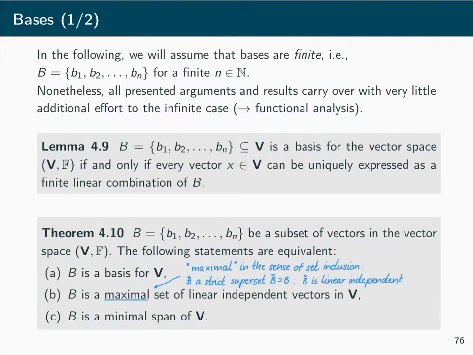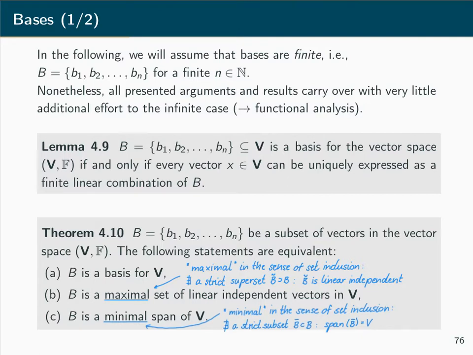So B is saying there does not exist a strict superset of B which contains only vectors that are also linearly independent. And this is also the way the word minimal should be understood in statement C. Minimal also is meant in the sense of set inclusion. So statement C is saying there does not exist a strict subset of B such that the span of the subset is equal to the entire vector space V.